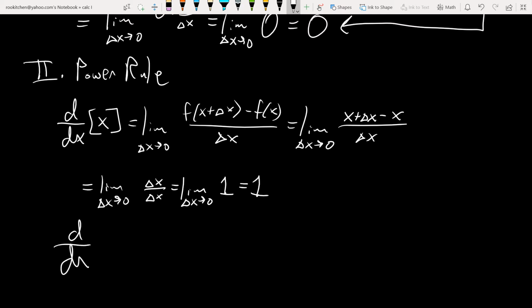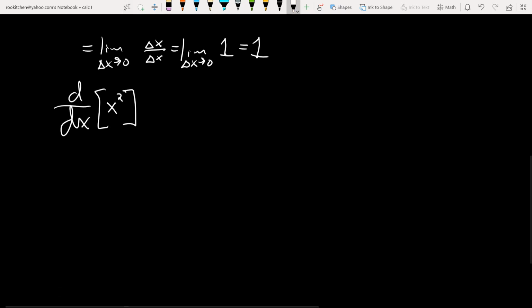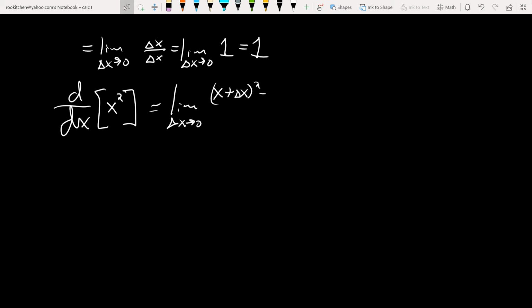Let's go up 1 power. The derivative of x squared. What the heck is that? Okay, let's see. f of x plus change in x, in this case, will be x plus change in x squared, minus f of x, which is x squared, all over change in x.